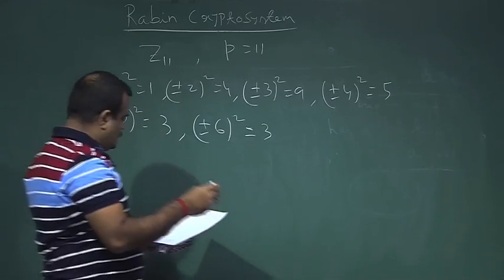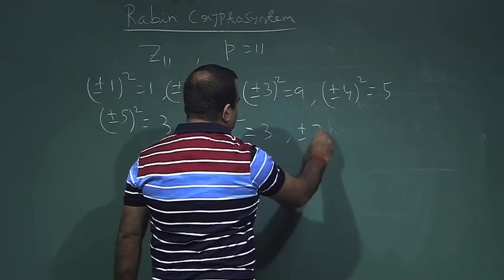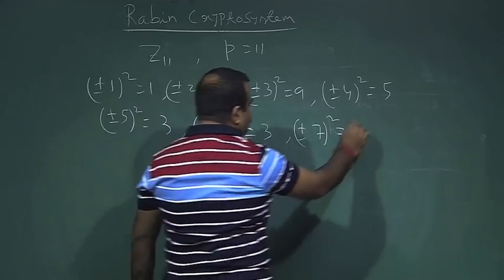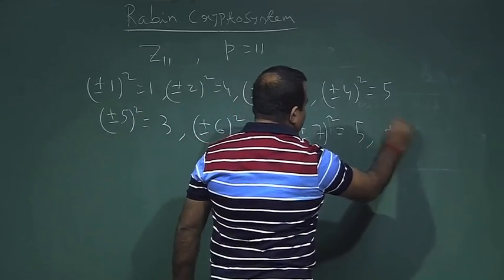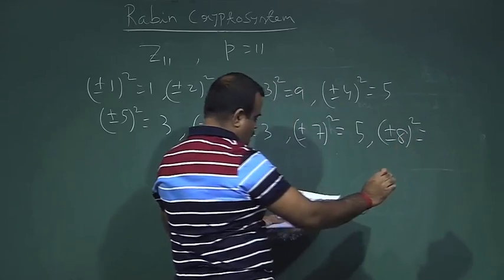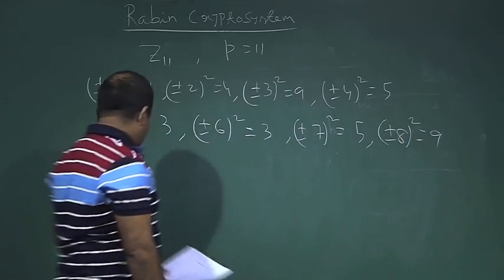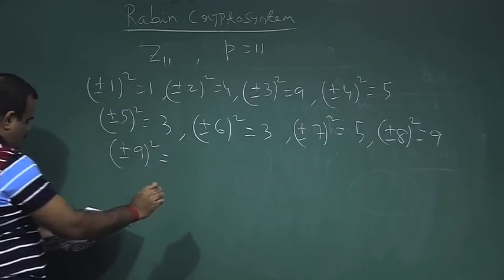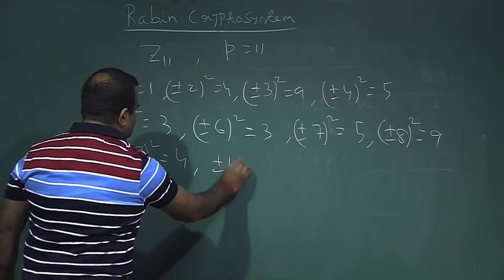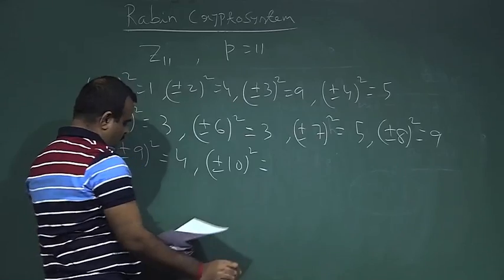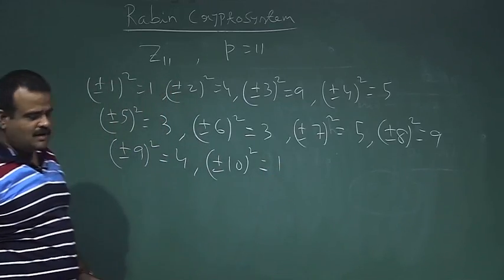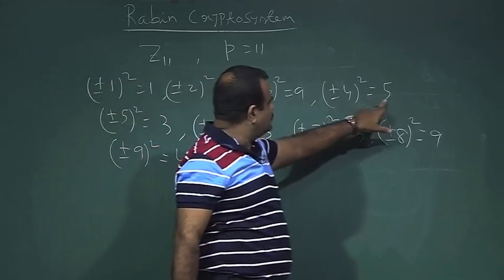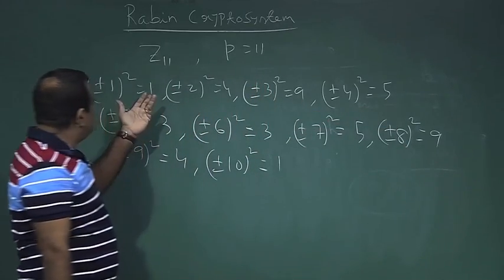Then plus minus 7 square gives 5, plus minus 8 square is basically 9, plus minus 9 square is basically 4, and plus minus 10 square is basically 1. So these are our possible y. These are the numbers a which have a square root.